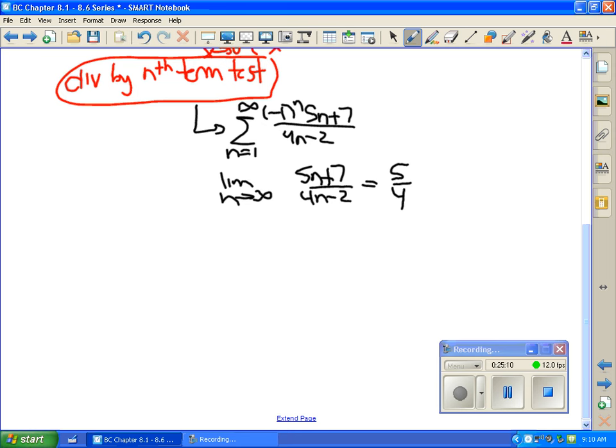And in this case, it equals 5/4, which is not 0. But again, that doesn't mean that it diverges, because the alternating series test is only good for convergence. So now what you have to do is change this to your nth term test. Add your negative 1 to the n. That means this is plus or minus 5/4, which means it does not exist. And therefore, it diverges by nth term test.